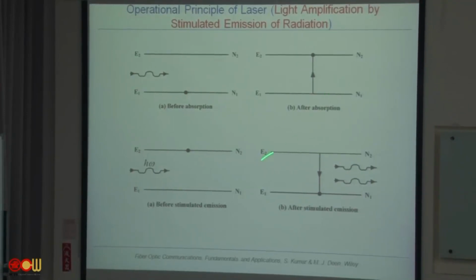Then when a photon goes in, it will trigger the electron at the high energy level to jump down, so they will produce coherent, same phase, same frequency optical signal. This is what we call laser, light amplification by stimulated emission of radiation. I think all of you know this.